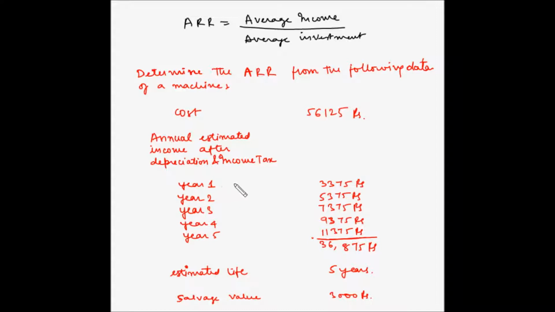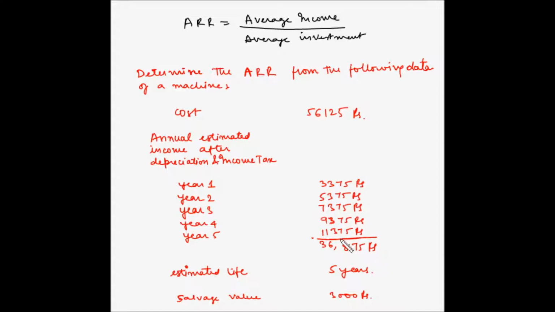So for year 1, the cash inflow will be 3,375 rupees. For year 2, the cash inflow will be 5,375 rupees. For year 3, the cash inflow will be 7,375 rupees. Year 4, 9,375, and year 5, 11,375.